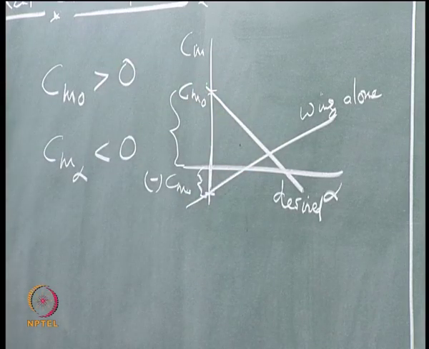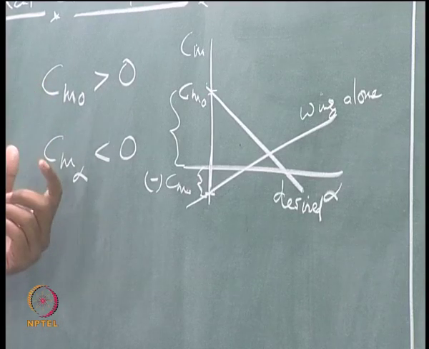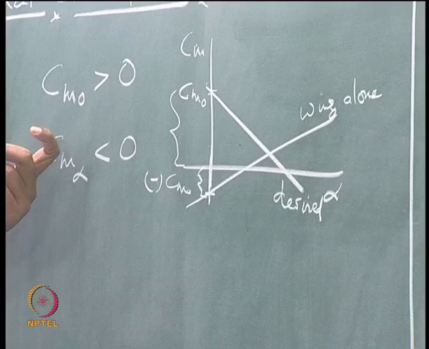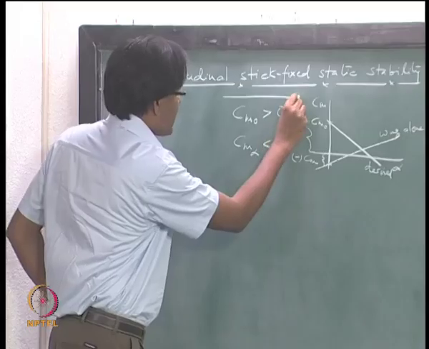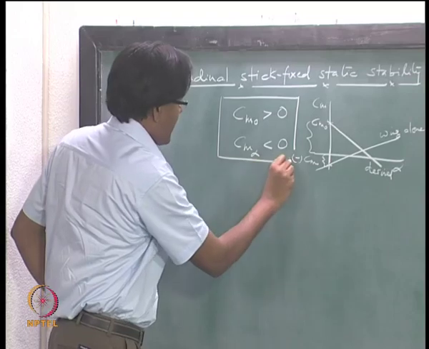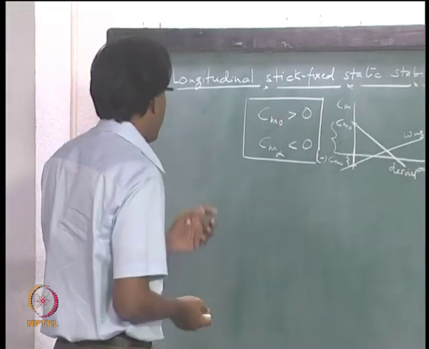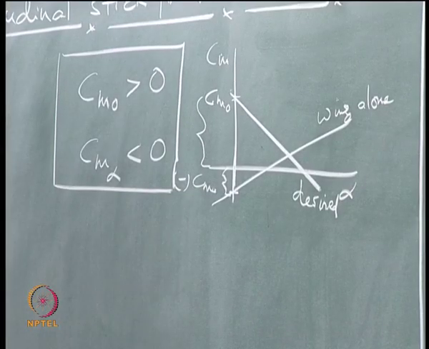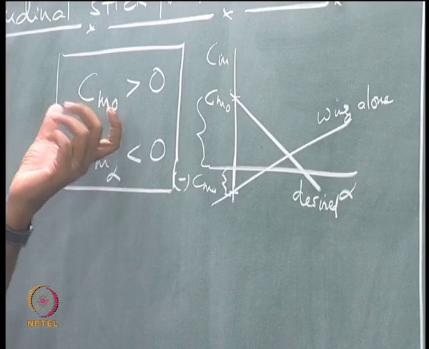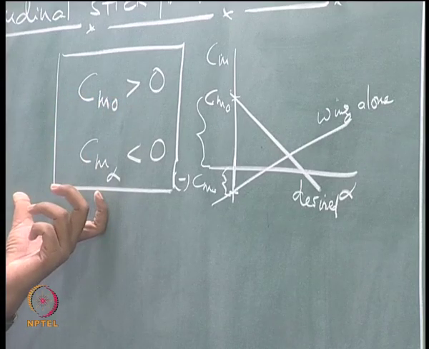So, it is actually used to augment Cm naught, okay, and Cm alpha, right, so that this is preserved, right. So, you should have the aircraft designed in such a fashion that you have Cm naught which is positive and Cm alpha must be negative, right.